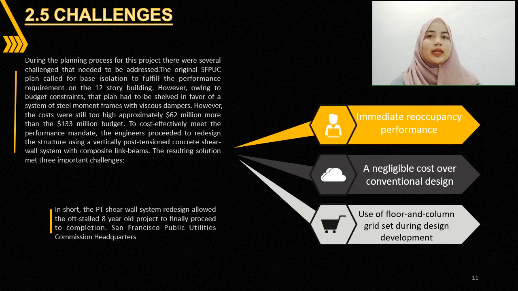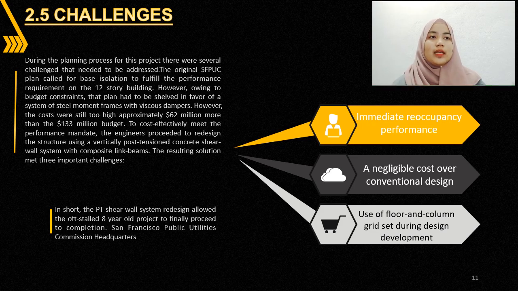Challenges during this project. During the planning process of this project, there were several challenges that needed to be addressed. The original SFPUC plan called for base isolation to fulfill the performance requirement on the 12-story building.